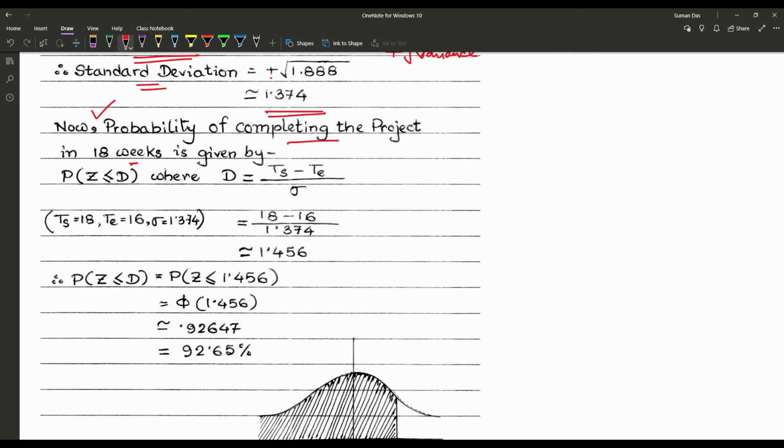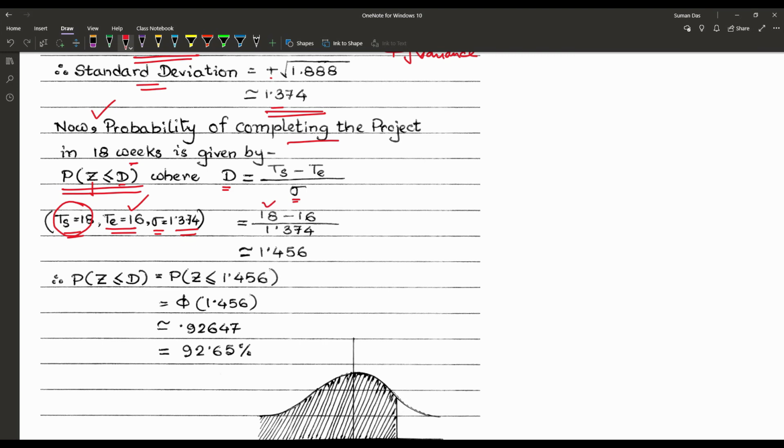Now TS is our 18, that means we have to reach here, and TE we already have, that is 16, and we already know the sigma, the standard deviation, is 1.374. So we have to find the probability that Z is less than or equal to D, and we can find D using the formula TS minus TE upon sigma.